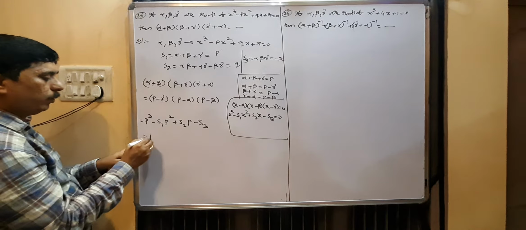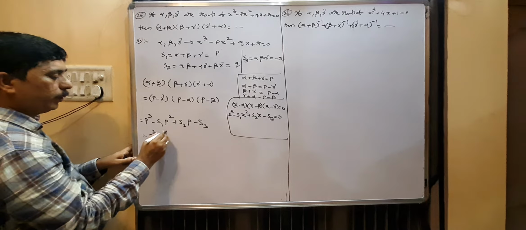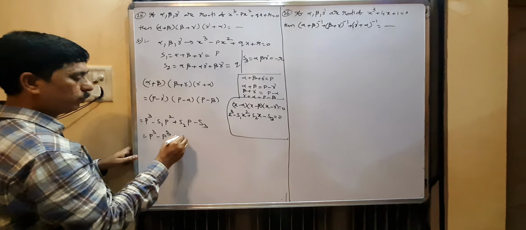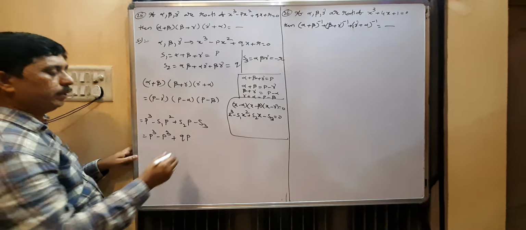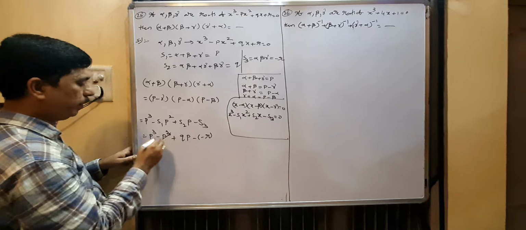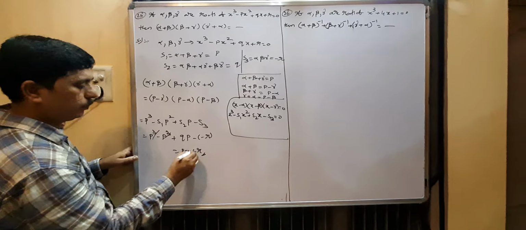The S1 value is p, so p into p squared is p cube, plus S2 value q, so qp. S3 value is minus r. So pq cancels. That is pq plus r is the answer.